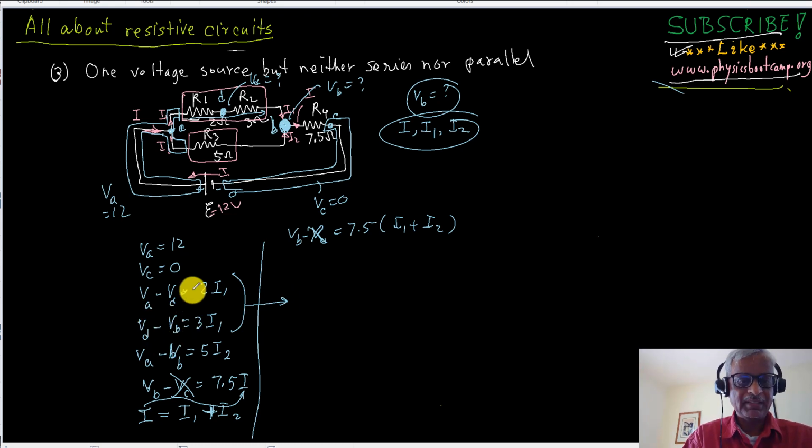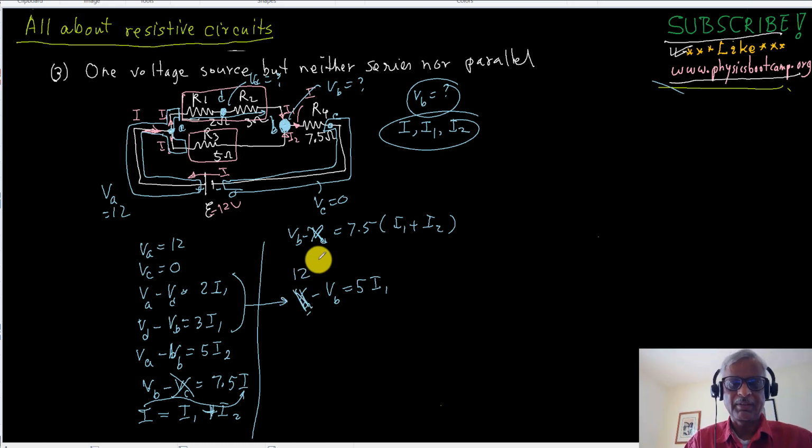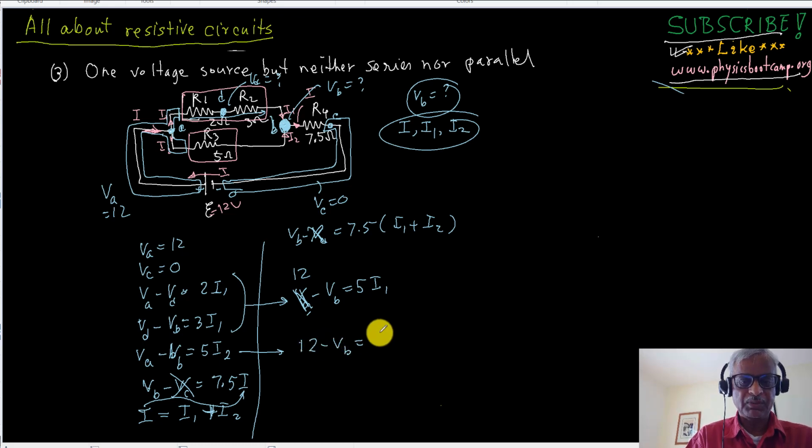If I add these up, and I don't want to solve VD, so VA minus VB is going to be 5I1. And VA is already known to be 12, so we don't need to carry that. So from here, you can write down 12 minus VB equals 5I2.